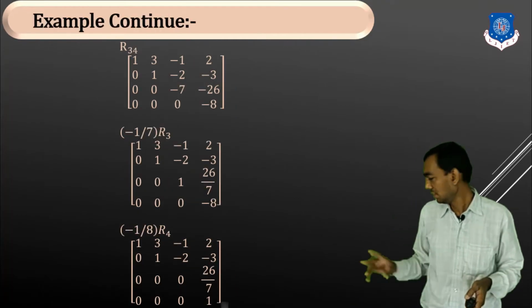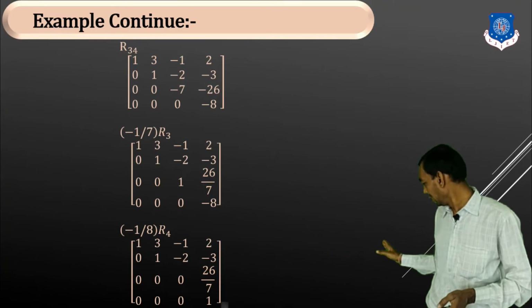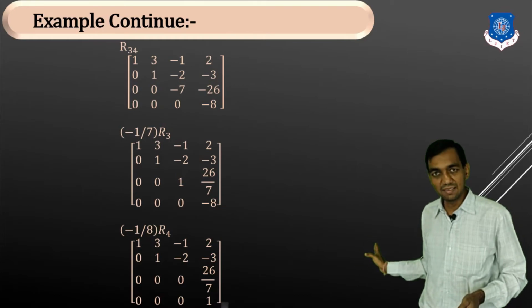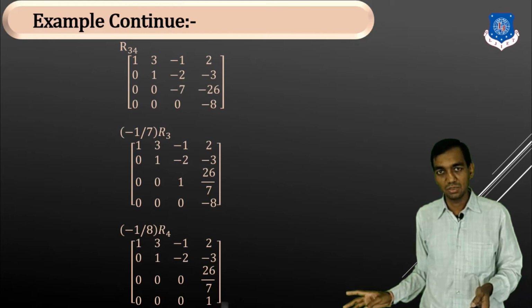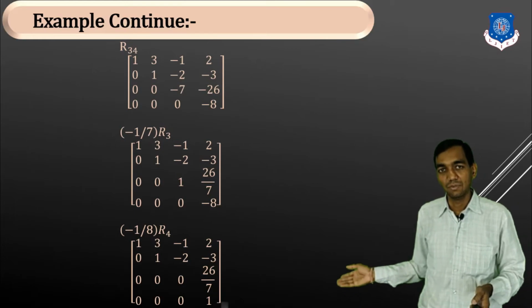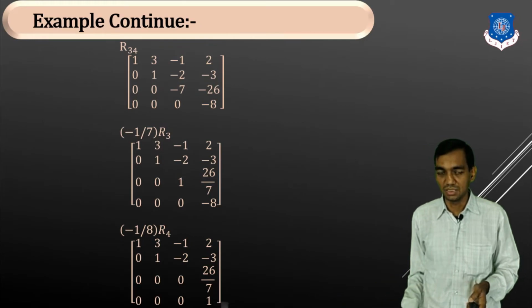Now interchange the third and fourth rows, because in the third row the last element is non-zero, while in the fourth row the third element is non-zero. So we have to find out whether the third column has a leading one or not. For that we are going to interchange them.